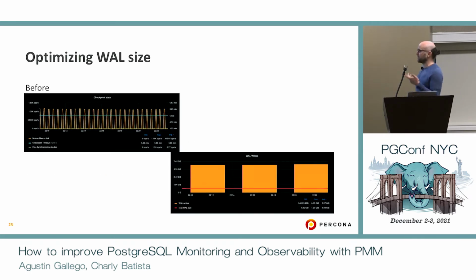Okay, so this is an example, and we are going to show some other ones. But this is one we created for being able to correctly size the max wall size configuration variable, right? So as you already know, we have the checkpointer timeout here is 5 minutes, right? So typically, if the wall size is correctly dimensioned, you would only get checkpoints due to timeout, right?